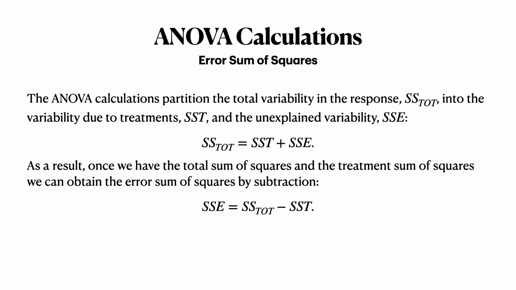And because of this, once we have the total sum of squares, SS tot, and the treatment sum of squares, SST, we can calculate the error sum of squares by subtraction. So the sum of squares error is equal to the total sum of squares minus the treatment sum of squares. Now, it's typically easier to calculate the error sum of squares this way rather than trying to calculate it directly.